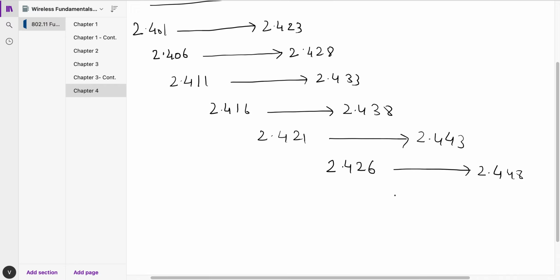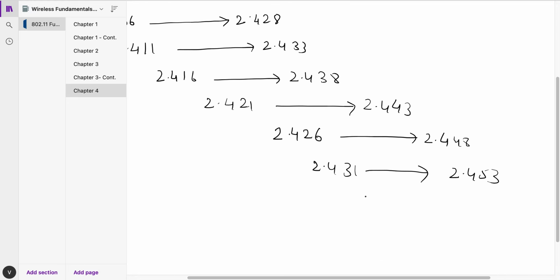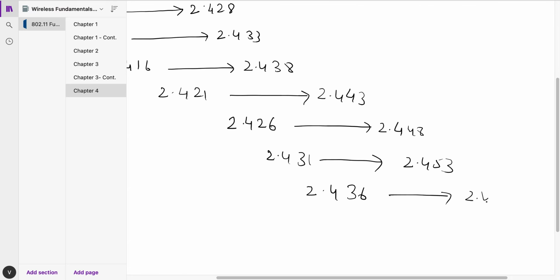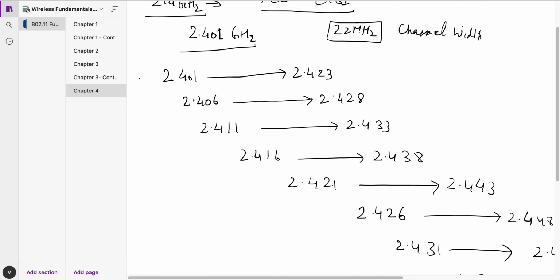Okay, again let's add 5. 2.431 goes all the way to 2.453. 2.436 all the way to 2.458, right? Let's name the channels or number the channels first.